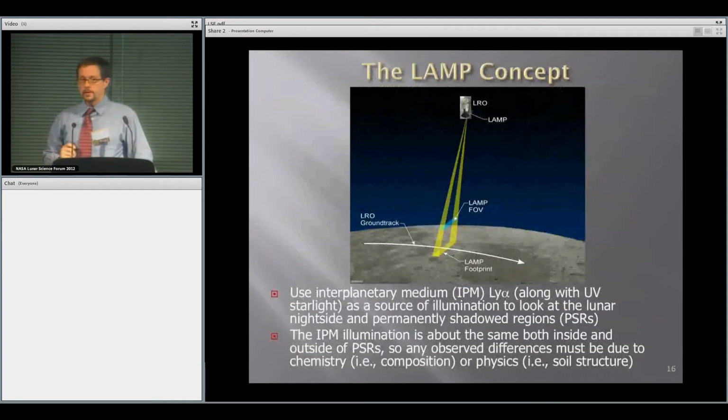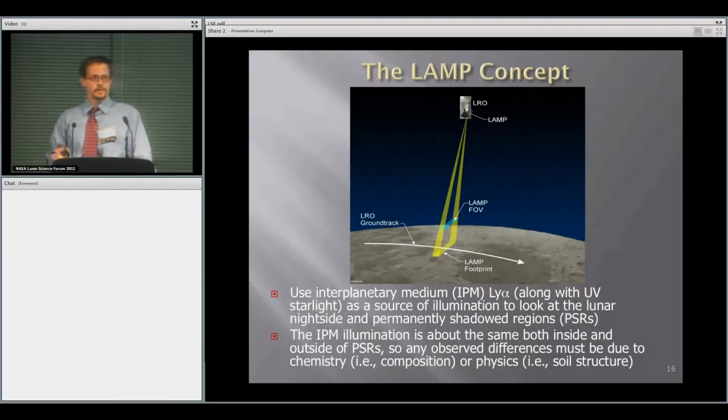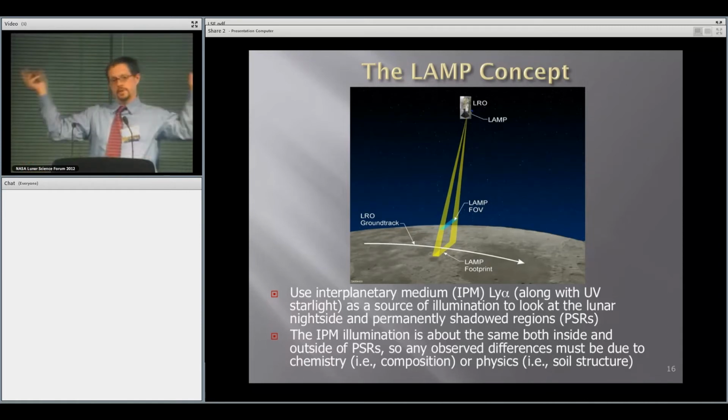All right, so let me guide you through how LAMP works. It's an unusual method for performing observations. We don't use the sun as an illumination source. Instead, we use the interplanetary medium, and I'll show on the next slide a depiction of that. We have a diffuse illumination source from starlight and from this interplanetary medium.